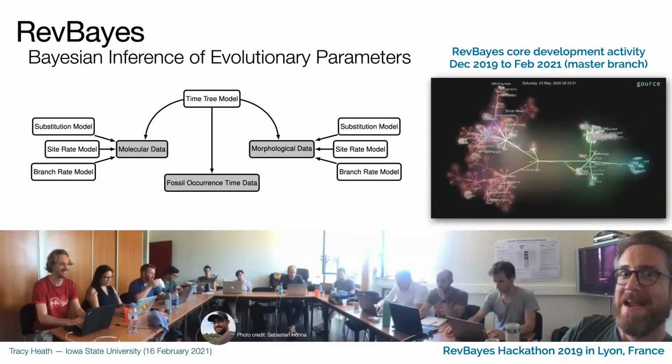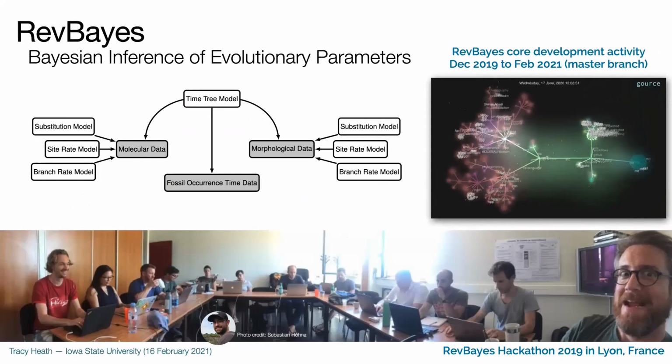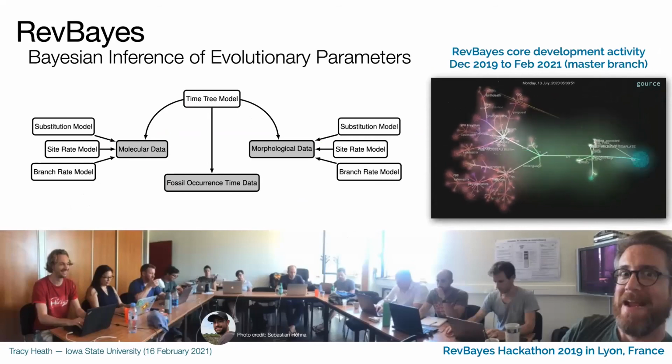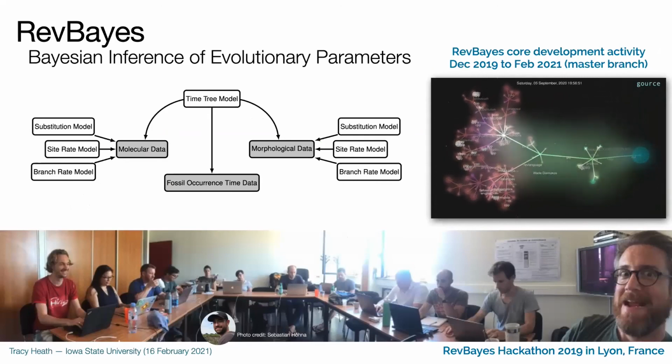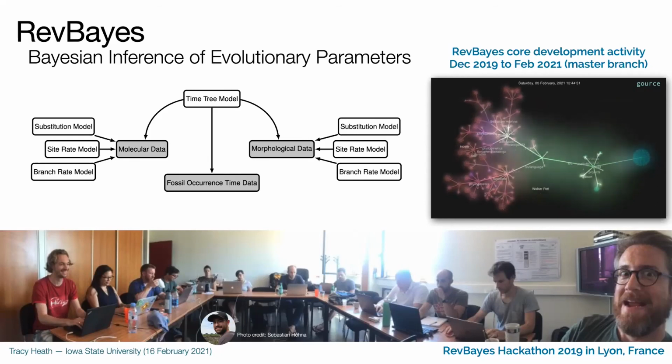A lot of credit goes to the people who are working to implement new models and work on the infrastructure of this software. And this is a picture of a hackathon from a couple of years ago, taken by Sebastian Höhna, who is really the lead developer and project leader of RevBayes.